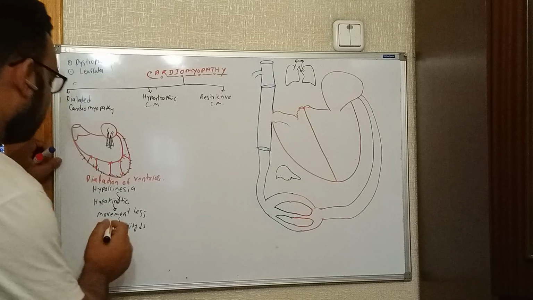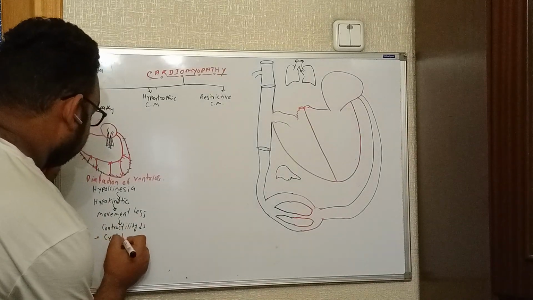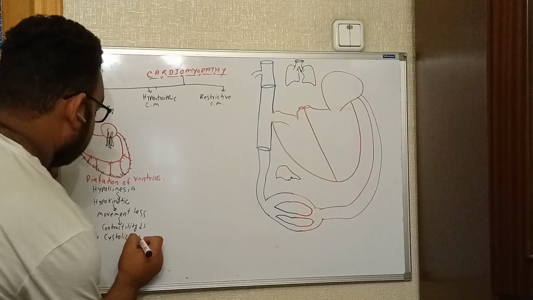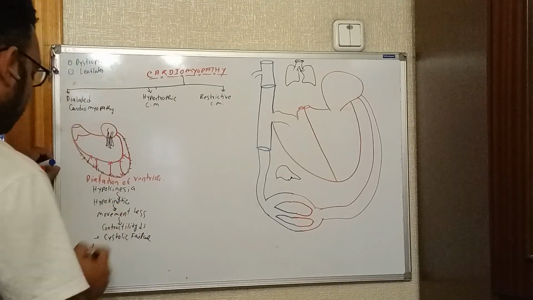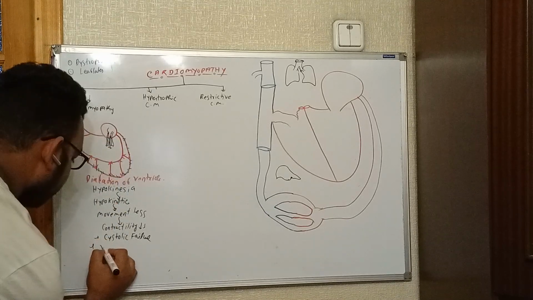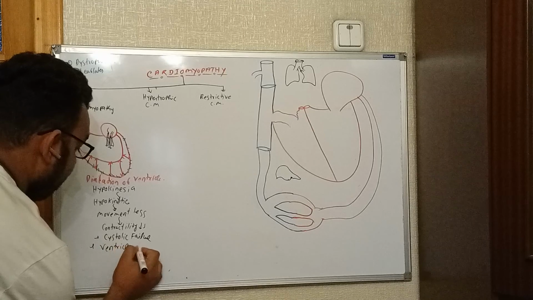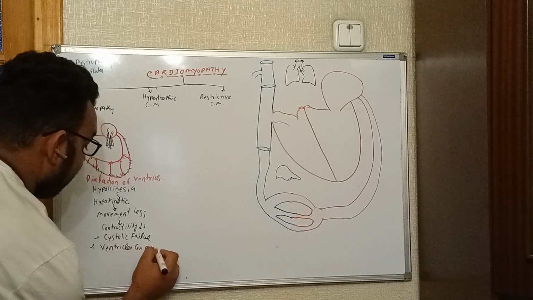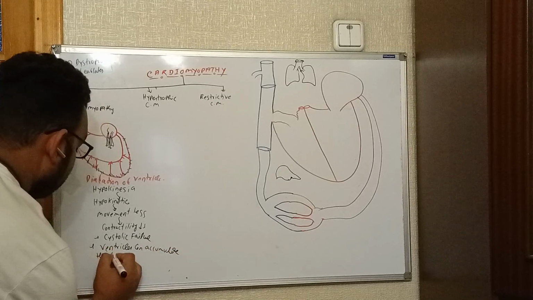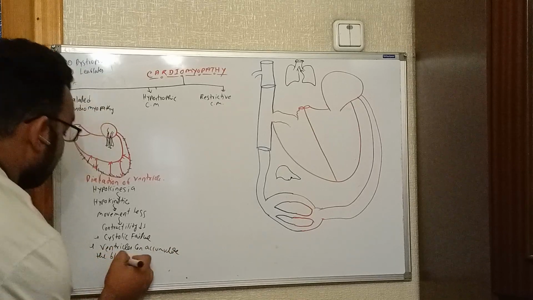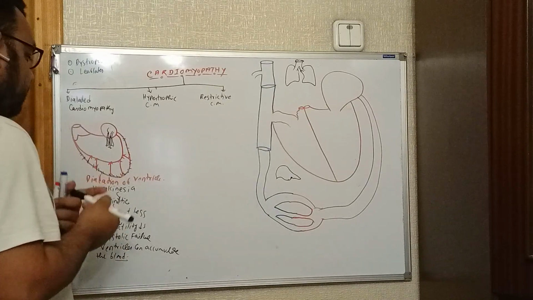Okay, so whatever the thing we'll see here is the systolic failure, but the diastole will be normal, okay? Because the ventricles can accumulate the blood. Okay, I'll talk about this part in details later. Let me introduce all of them shortly first.